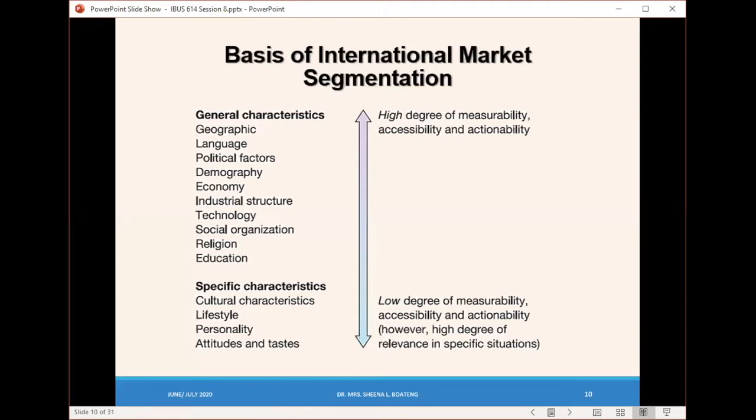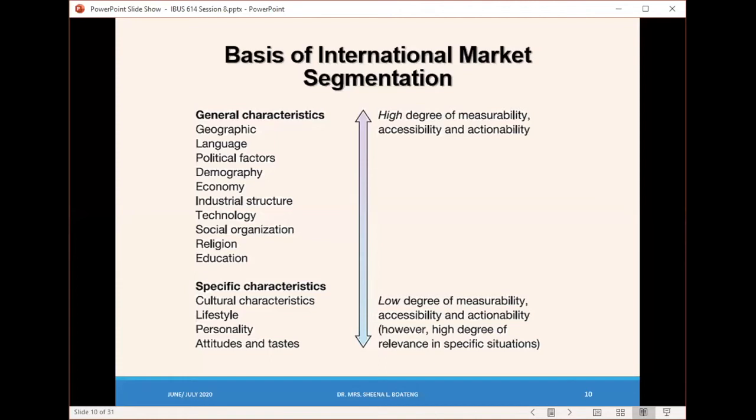And I believe in recent times, segmentation using specific characteristics are the ones that are helping firms set themselves apart. Because the general characteristics are basically the ones that most firms generally go into and use to segment their markets.